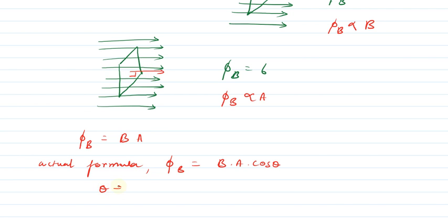Theta is the angle between the area vector and the magnetic field vector.